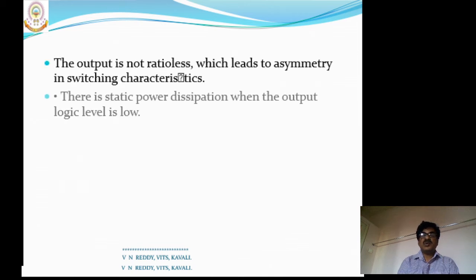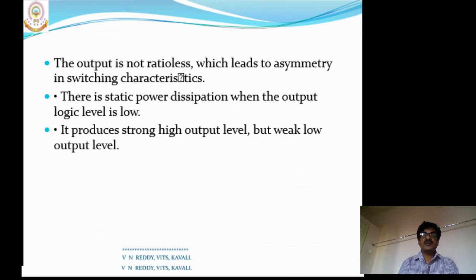Now see the points. The output is not ratioless, which leads to asymmetry in the switching characteristics. That is one of the drawbacks of this type of inverter. There is a static power dissipation when the output is logic low, because both the transistors are on, so there is static current flow, and that's why the power dissipation is high.